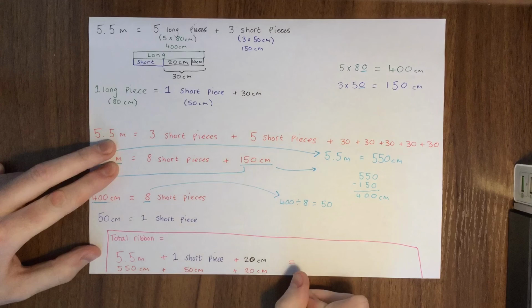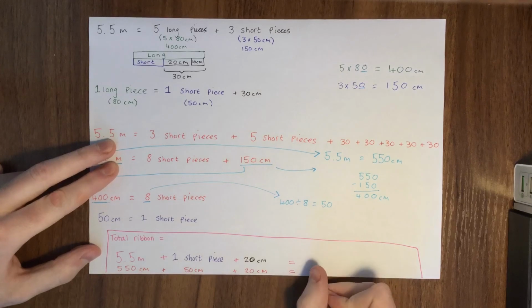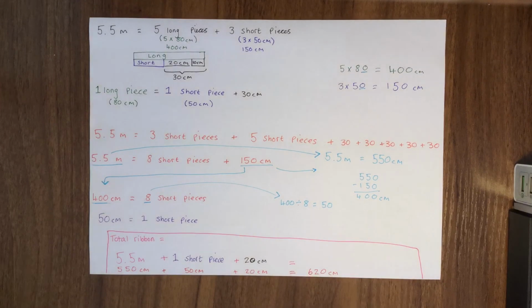So 400 centimetres add 150 centimetres gives me 550 centimetres. Add my extra short piece that she made, another 50, which takes me up to 600 centimetres. She had 20 centimetres left over. That means that the total amount of ribbon that the girl used was 620 centimetres.